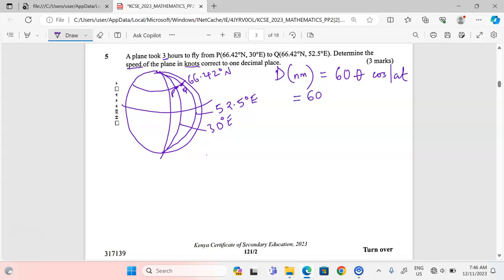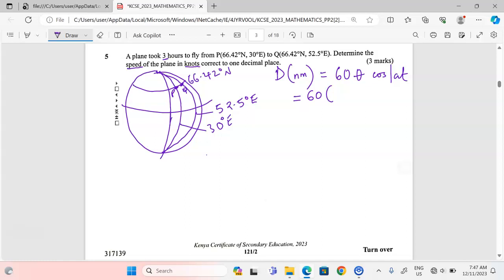Therefore, 60 multiplied by theta, that is the longitude difference from 30 degrees east up to 52.5 degrees east. Because they are on the same side of the prime meridian, we subtract.